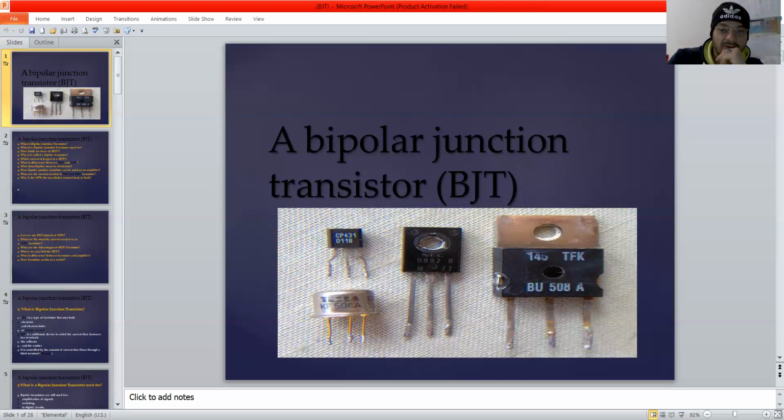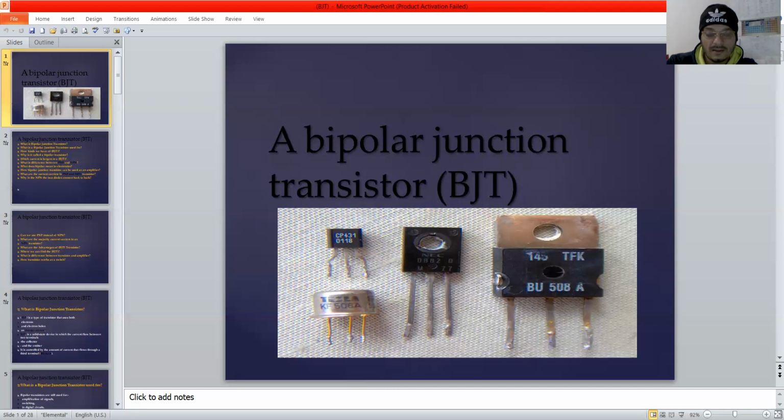This simple circuit image here shows the BJT, the bipolar junction transistor. Which type does it belong to? The arrow going out of the circuit means it's an NPN BJT.